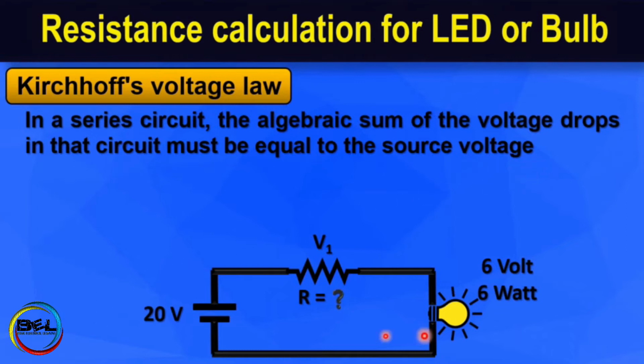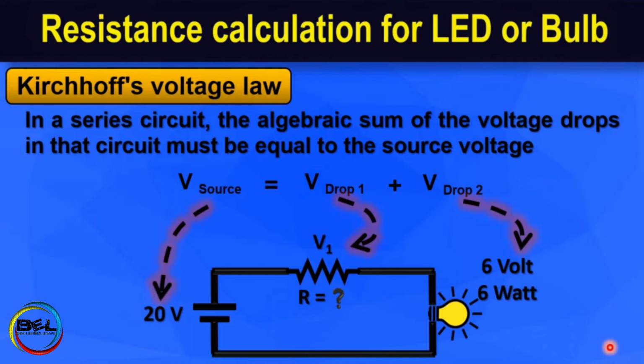So as per the equation of Kirchhoff's voltage law, we write that the source voltage is equal to voltage drop 1 plus voltage drop 2. In our situation the source voltage is 20 volt, voltage drop 1 is the voltage drop across the resistor, and voltage drop 2 is the voltage drop across the bulb.